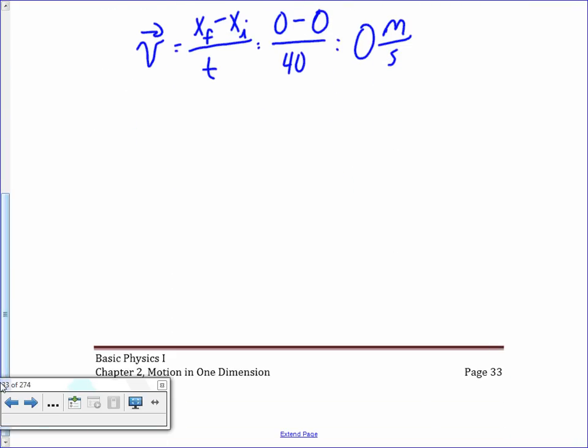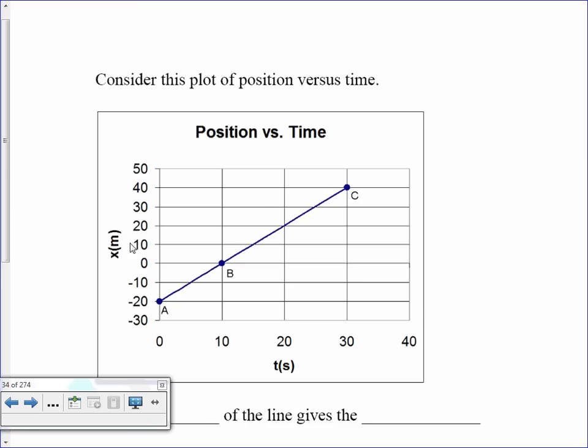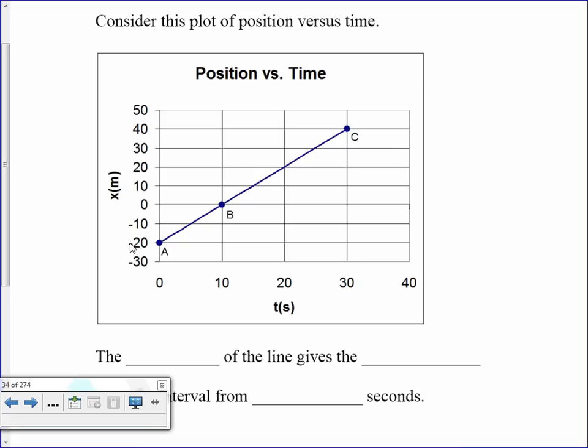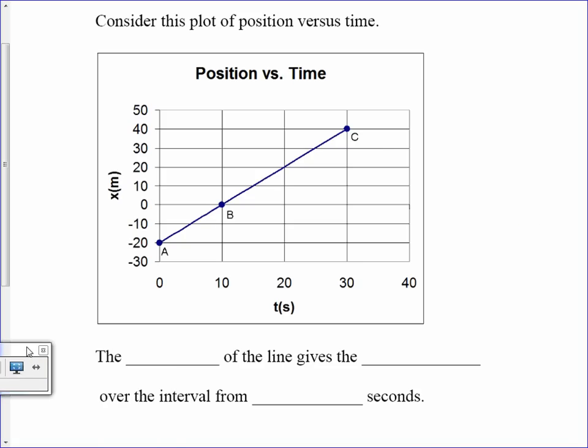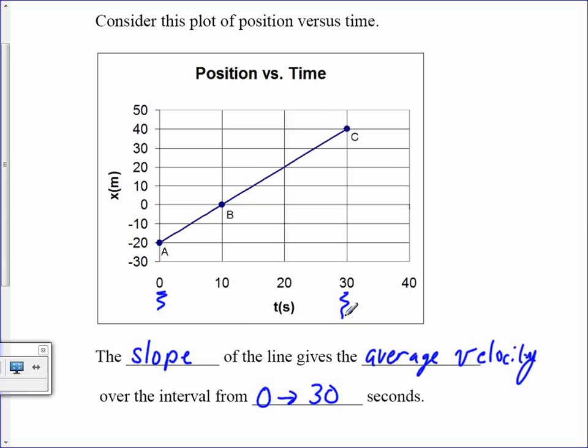This comes up a lot when we're looking at plots. So for example, in this plot, say I have this plot of position versus time. The slope of the line gives the average velocity over the interval from, in this case, 0 to 30 seconds, just because it starts at 0 and the line stops at 30.